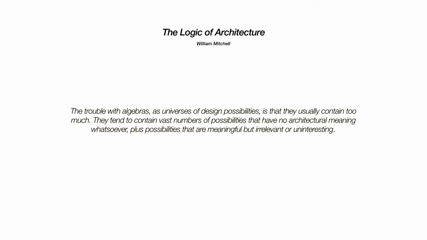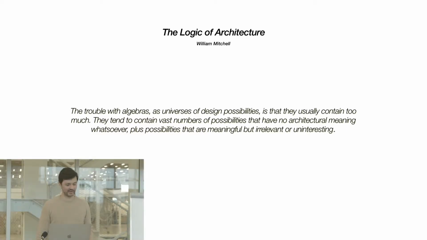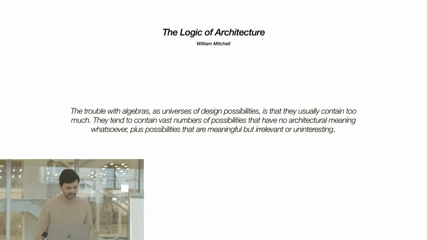Again, what happens is again this war against mathematics. Algebraic thinking is not really easily coexisting with logicians. As I showed you in the beginning, the distinction that I made about logicist approaches and algebraist approaches, you can see it here, a couple of generations later in a very different field, how this hate towards algebra is manifested. So he says, the trouble with algebras as universes of design possibilities is that they usually contain too much.